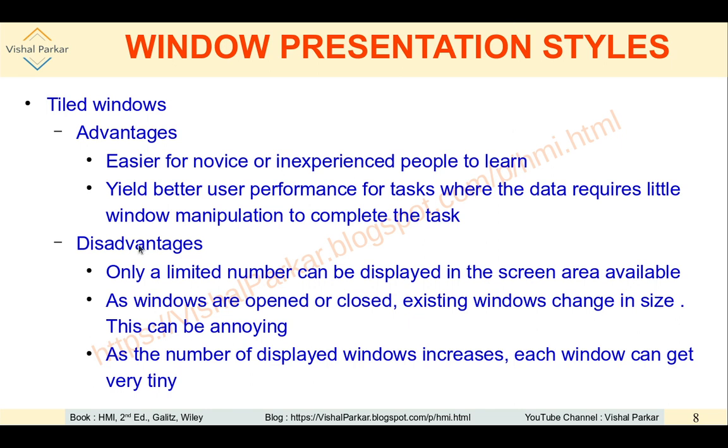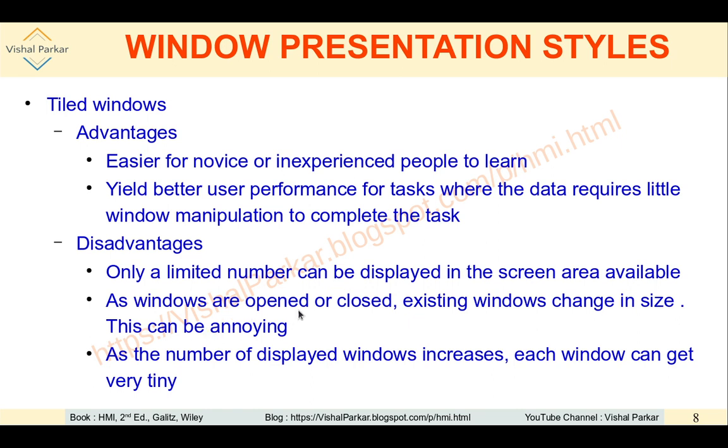Similarly, the disadvantages are there. Only a limited number can be displayed in the screen area available. Depending on the size of the monitor, only a limited number of windows can be opened. So as we go on opening windows, when the number of windows increases, each window will get smaller and smaller, and that becomes difficult to operate on the window contents.